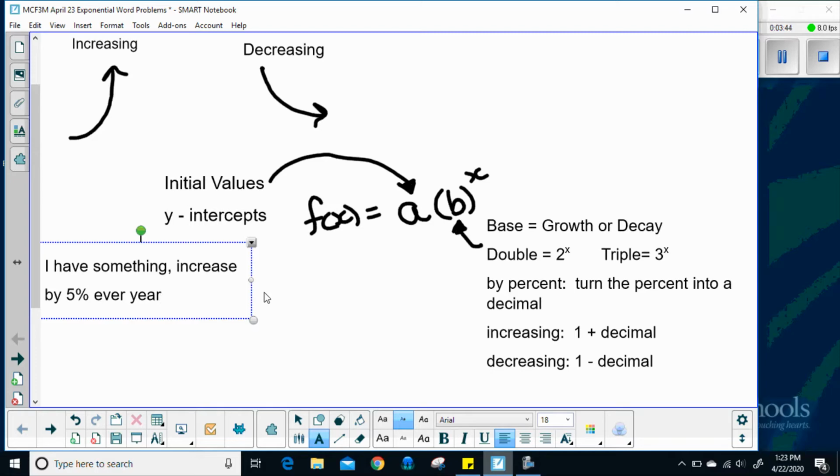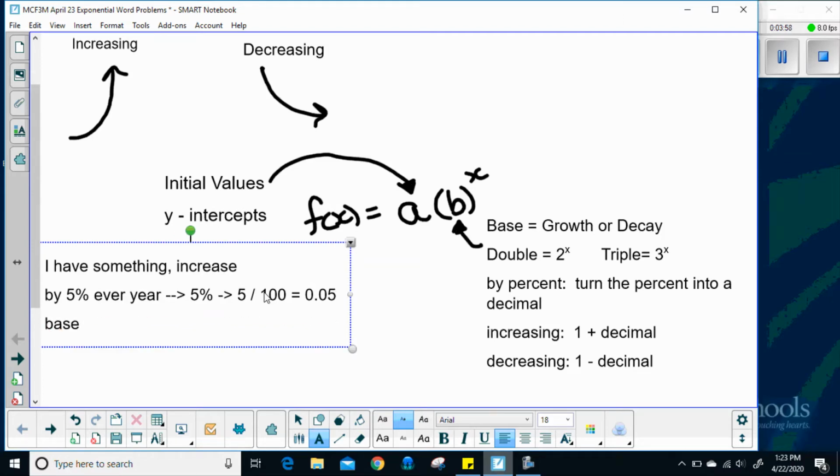Our 5% is going to turn into 5 divided by 100, so that's going to equal 0.05. So then my base is going to become 1 plus 0.05.